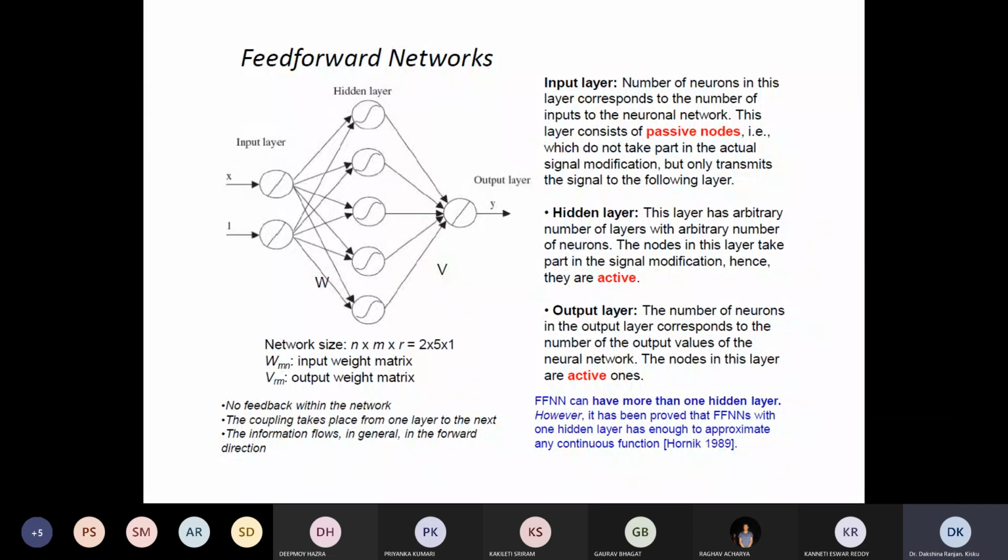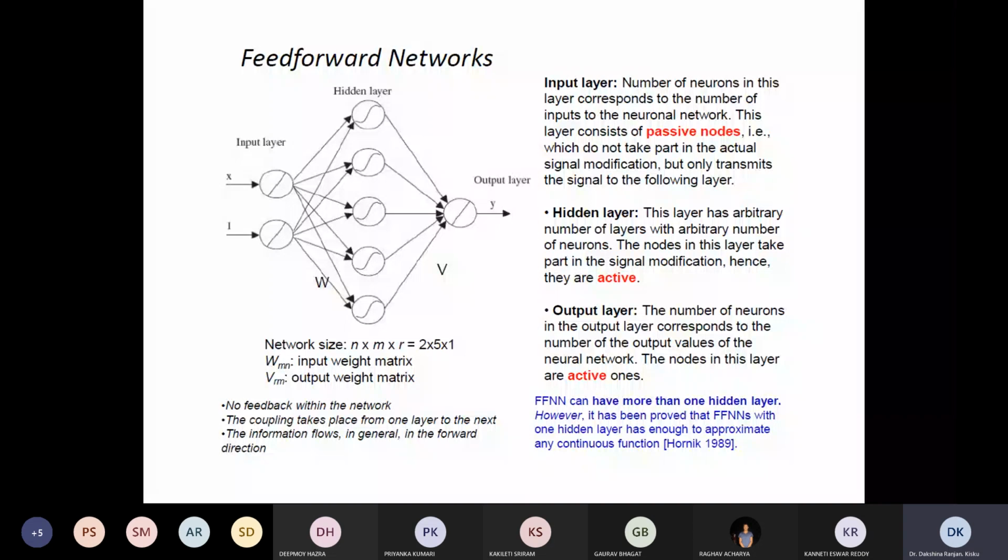If I consider a single neuron in the hidden layer, we can divide its functionality into two parts. The first part is responsible for aggregation of the input, and the second part is responsible for transforming the output of the aggregation to another output.